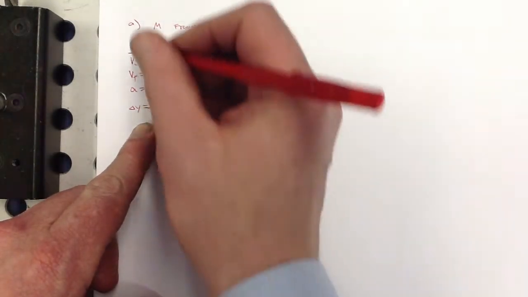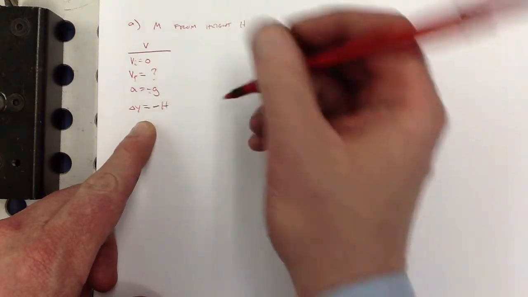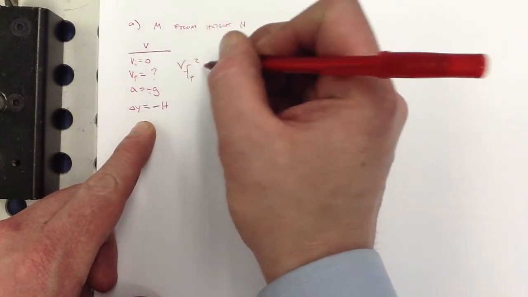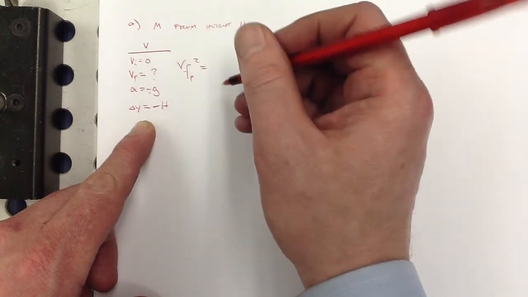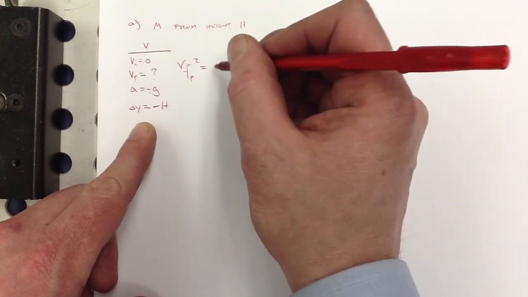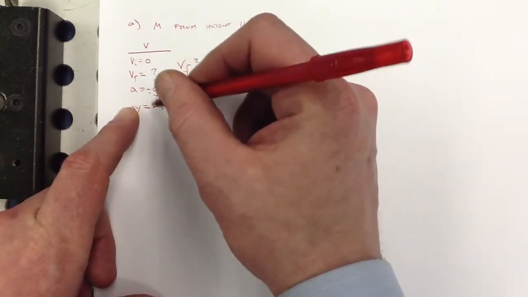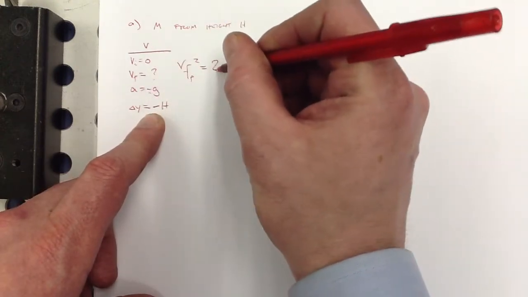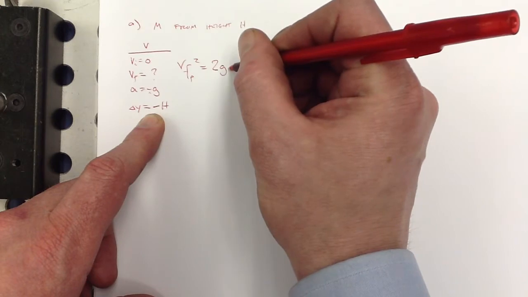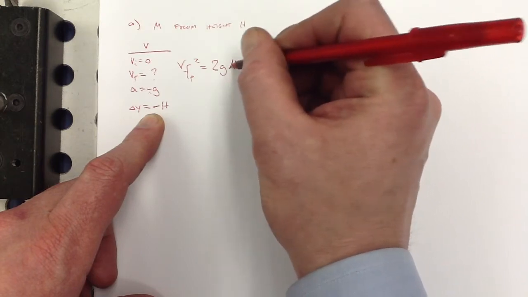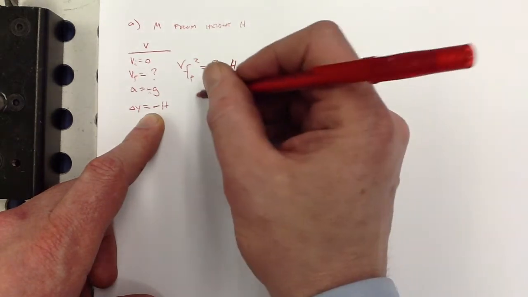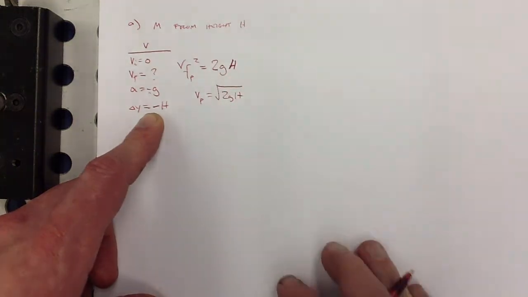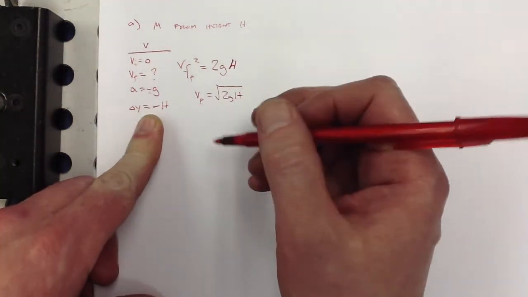So the equation that relates those is final velocity squared is equal to initial velocity squared, which is 0, plus 2a delta y. The negatives cancel out, so 2g delta y, which is h. So the final velocity is the square root of 2gh, which is the answer for part A.